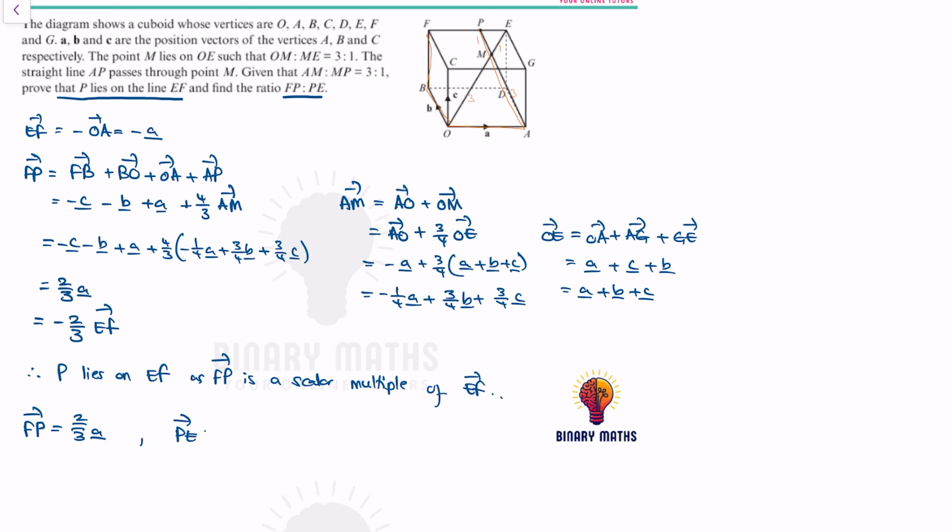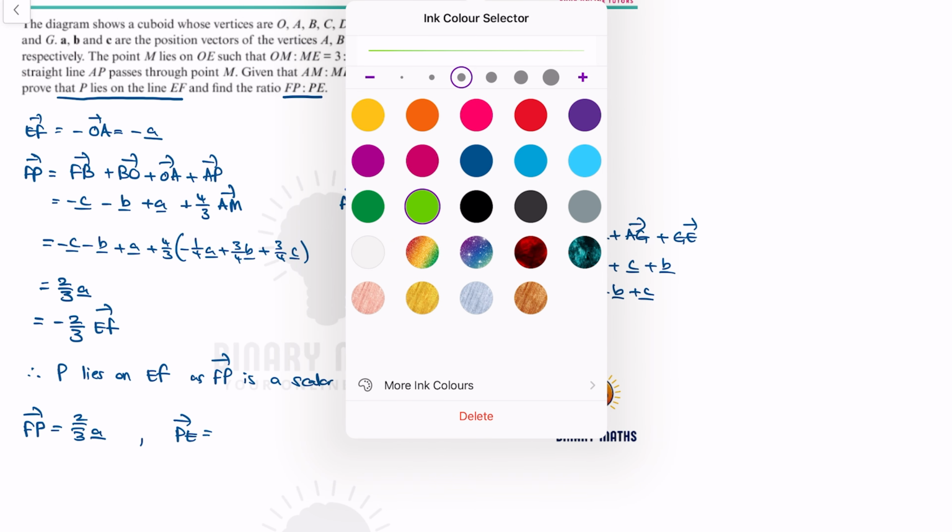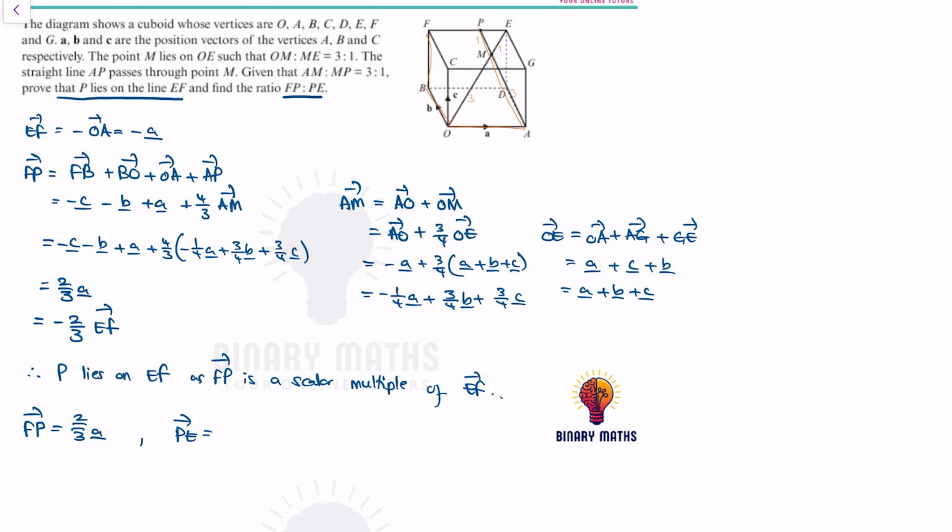So PE is equal to, if I do it in a different color, PE is equal to PA plus AG plus GE.